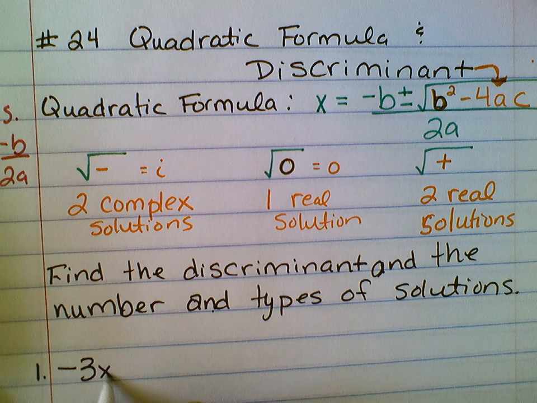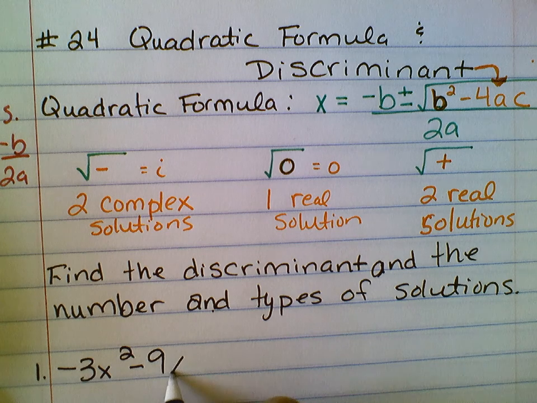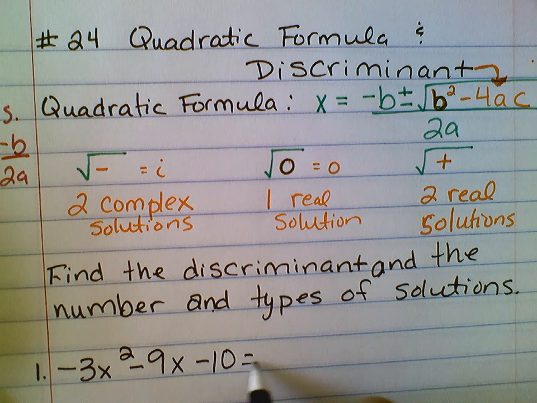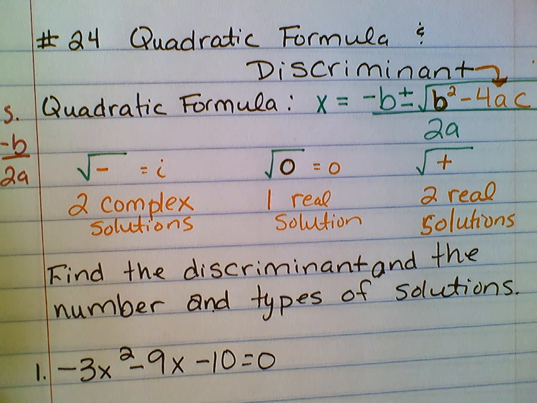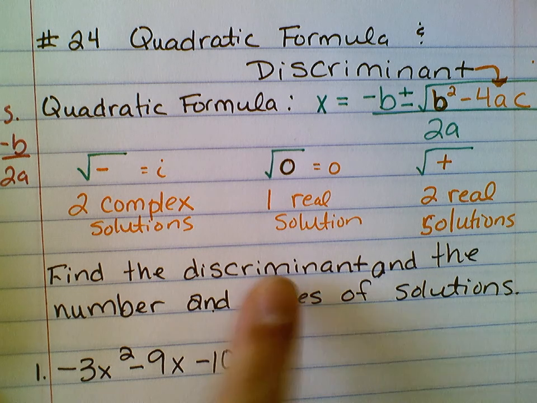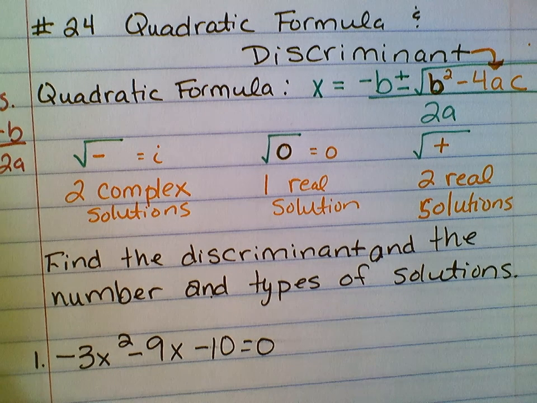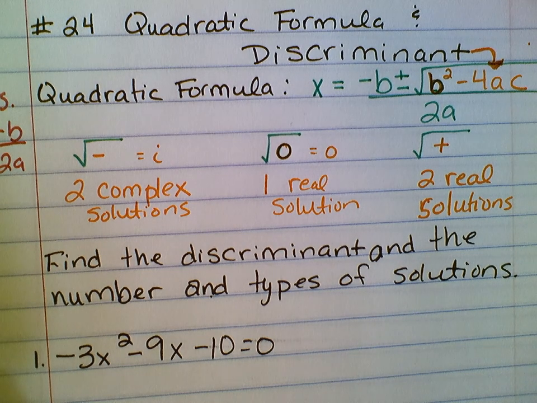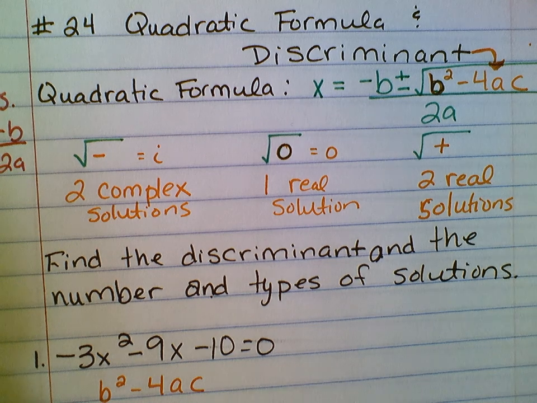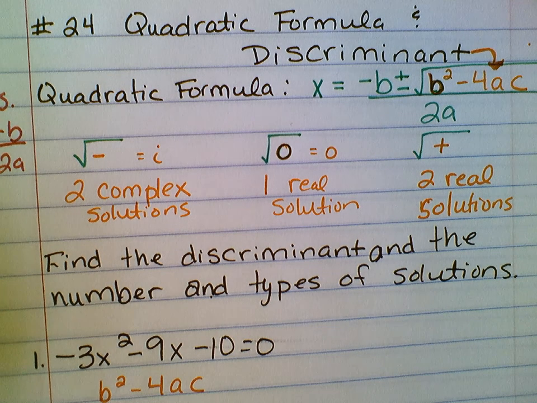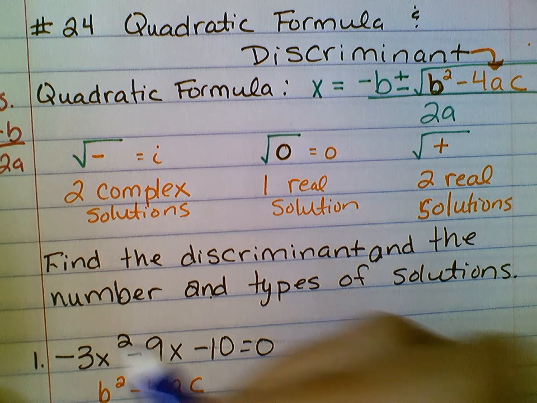If I have negative 3x squared minus 9x minus 10, and I want to know what is the discriminant and the number and types of solutions. So I have b squared minus 4ac. We have to remember where to get those numbers or letters.